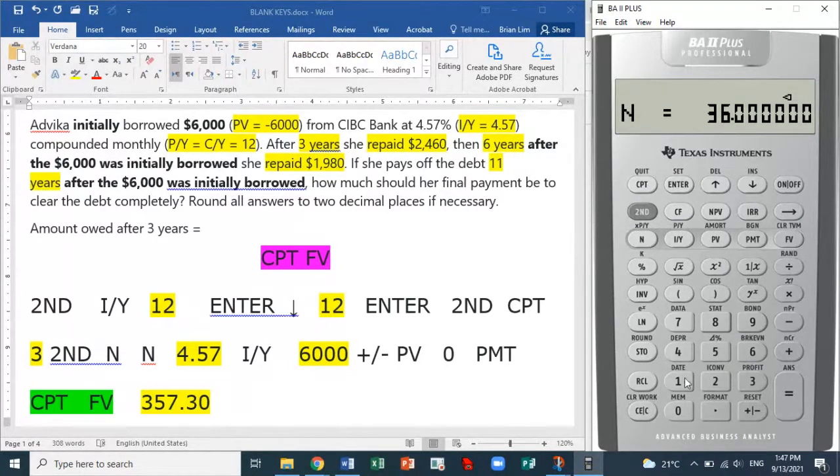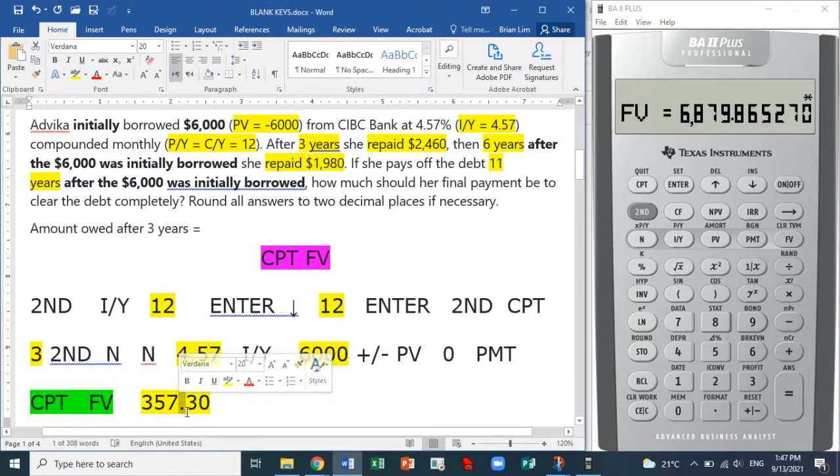All right, the interest is 4.57, and that goes for IY. The present value is 6,000, so 6000 plus-minus, that's the present value, 0 for payment, and then we compute the future value, and that turns out to be, all right, let's put it in here.